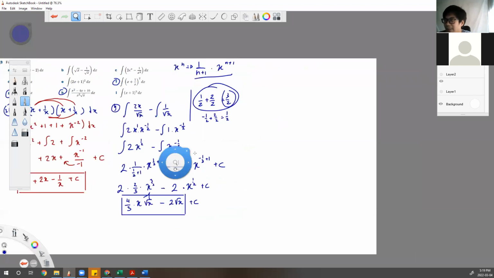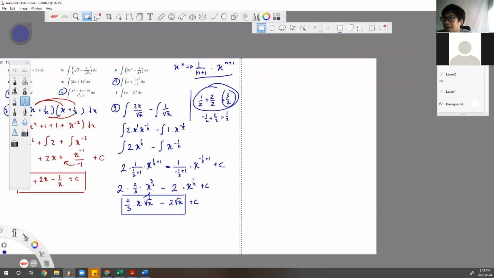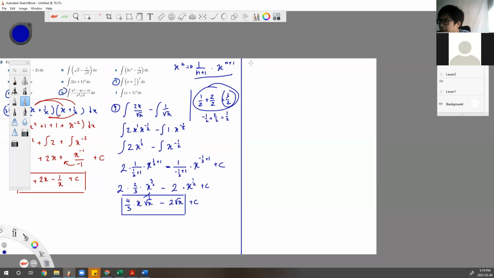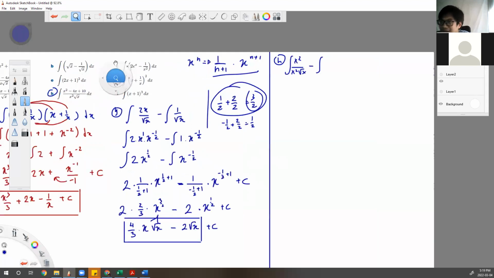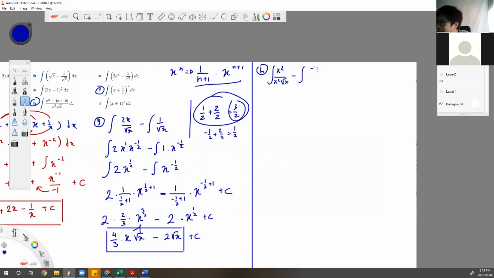H. Okay, so I think we need much space here. x squared over x square root x minus, right? I separate the fraction for question H. Minus 4x, oh wait, you don't have to put the negative anymore because it's already minus 4x over x squared square root x, plus 10 over x squared square root x, right?